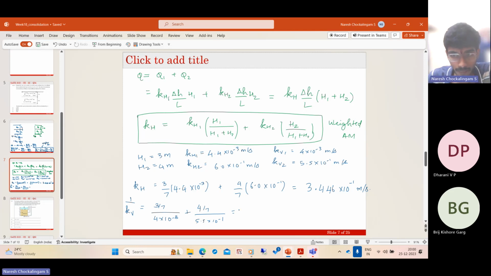This is about 108.18. So this is 1 by KV, which means KV is equal to inverse of this.